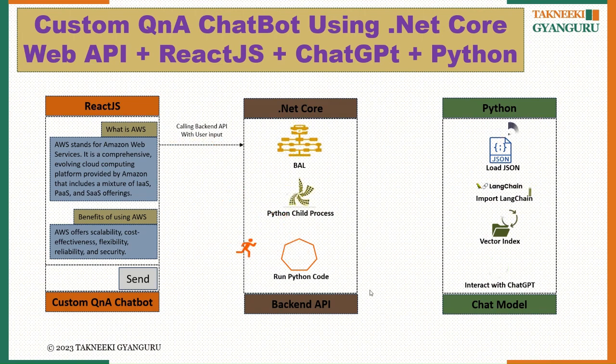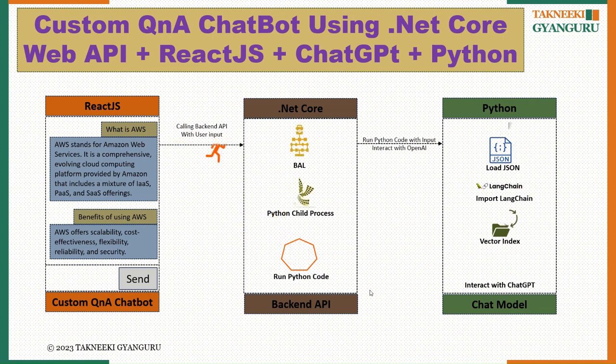So how does it work? The React.js will call the .NET Core API with the user input, right? Then the .NET Core API will call this Python code and run it with the user input.